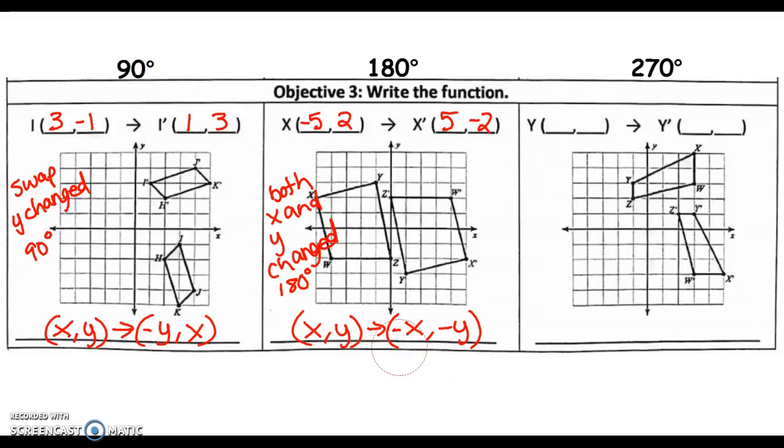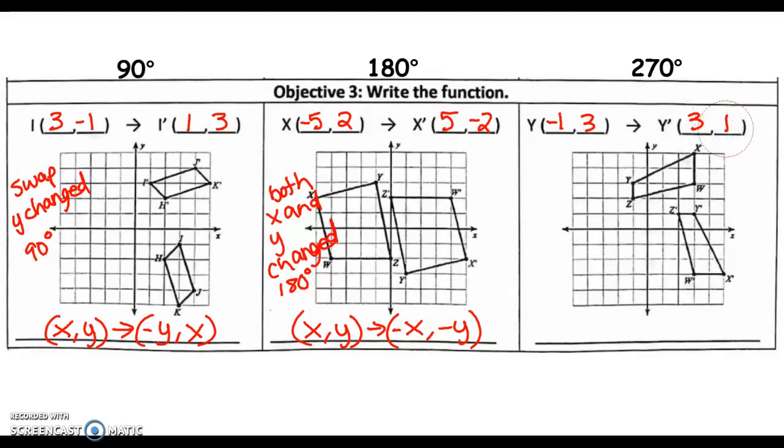And lastly, with the 270, I've chosen Y. Again, it doesn't matter. You can choose any ordered pair. So with Y, the ordered pair is negative 1, 3. And for Y prime, it is 3, 1.